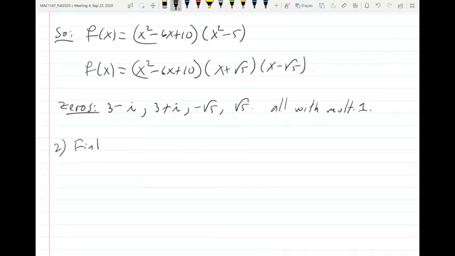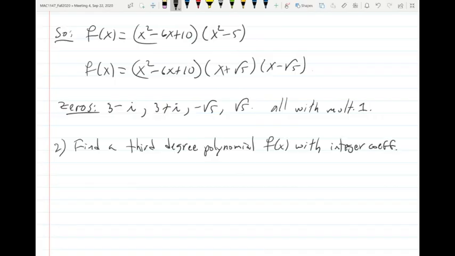Find a third degree polynomial f of x with integer coefficients and with zeros 2 plus i and 4 over 3. Sometimes this means a degree 3 polynomial. The coefficients have to be integers, and I'm telling you the zeros. This is another type of problem that you could encounter.